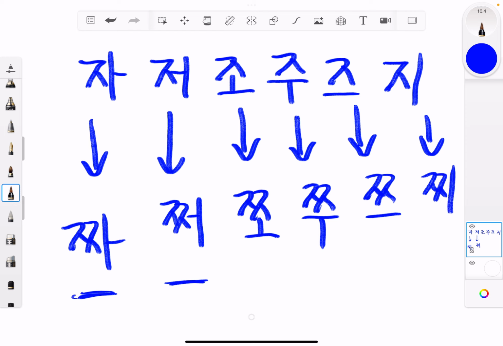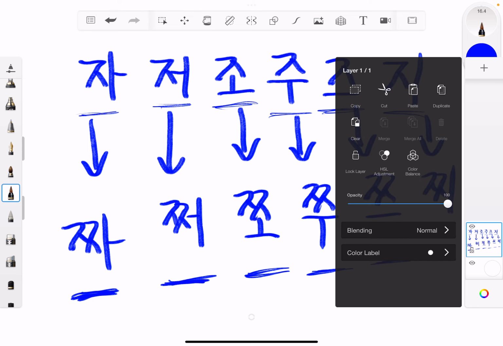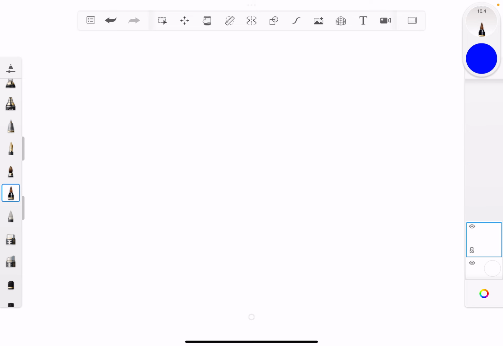Okay? So it's 짜, 쩌, 쪼, 쭈, 찌, versus 자, 저, 조, 주, 지. Okay? So those are all of the double consonants. Hopefully that clarified things a little bit. And let me know if there's anything specific you would like me to clarify.